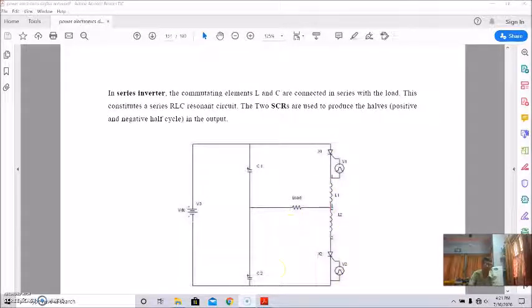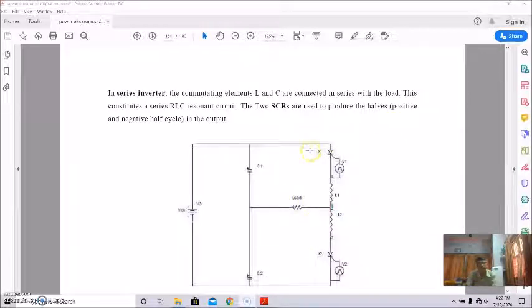This is L, and this is C, the commutating elements connected in series with the load. Basically, it constitutes a series RLC resonance circuit. And the two SCRs, this is SCR 1, that is T1, and this is SCR 2, or T2, are used to produce the positive and negative half cycles in the output.